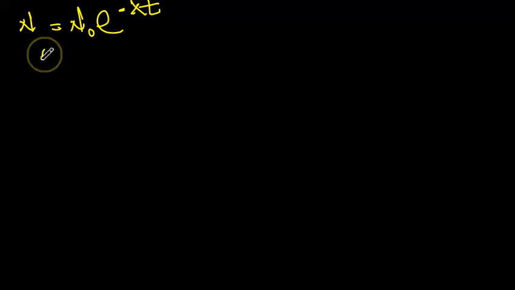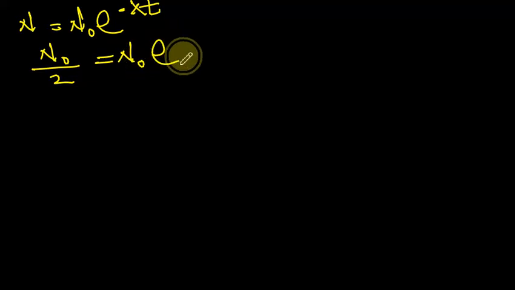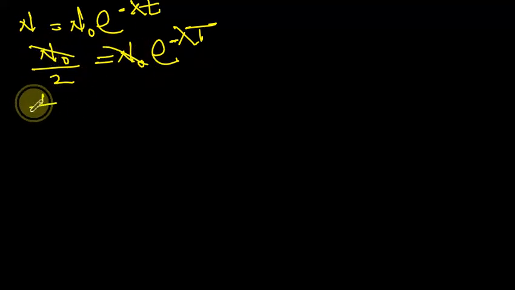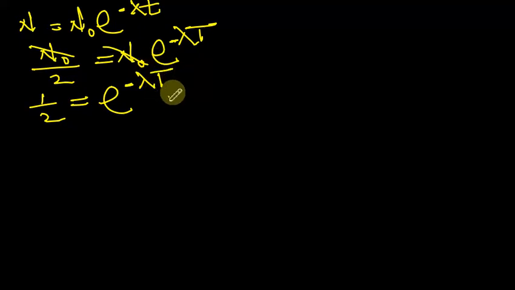So that gives N₀ over 2 as N turned to N₀ equals N₀ e to the minus λ, then the t here, the small t, becomes the big T, which is the half-life. So N₀ cancels N₀ here, we are left with 1 over 2 on this side equals e raised to the power of minus λ with what? T.